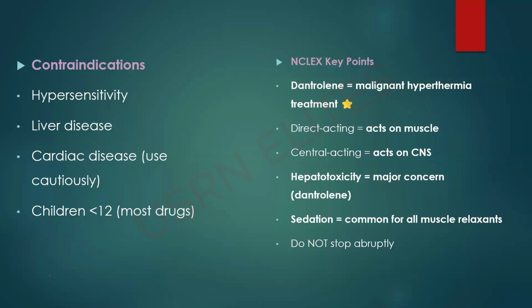NMS, neuroleptic malignant syndrome, is mostly associated with antipsychotic drugs. And malignant hyperthermia is more related to anesthesia drugs. But in all of them you can use dantrolene, because in all of them you can have the severe muscle contraction we are talking about.